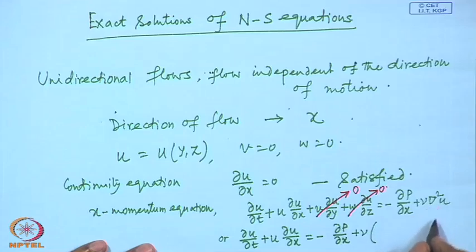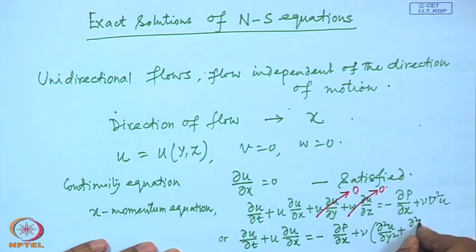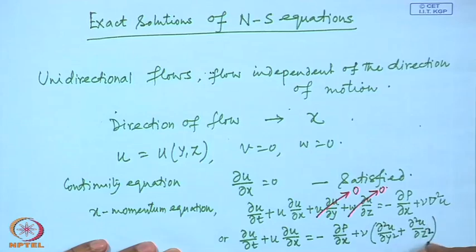Laplacian of u is d2 u dx2 plus the other terms, since du dx is 0, d2 u dx2 is 0. So, we have d2 u, so this is the equation that we have now.